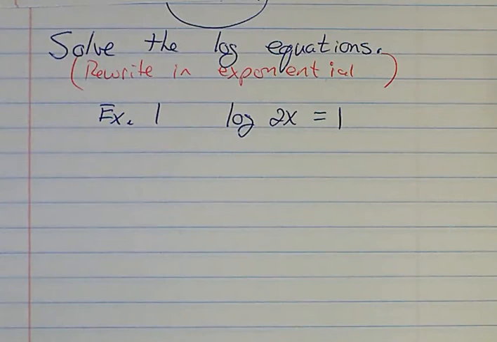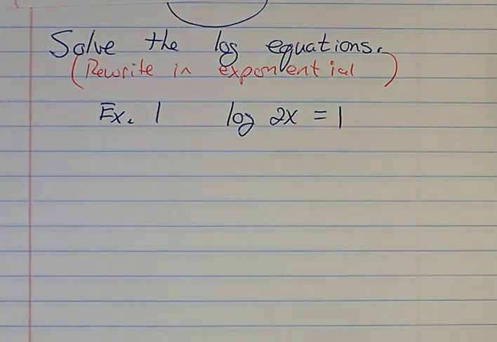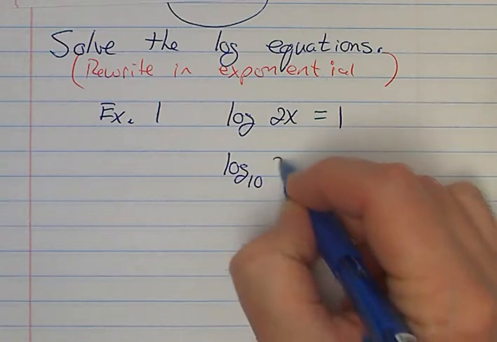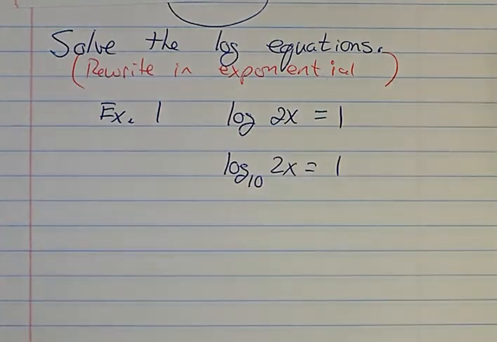Alright, so here we go. Log of 2x equals 1. First thing on this one is, it doesn't have a base. So what is the base supposed to be? 10, right? So take the problem you've got and rewrite it first, so you have log with base 10.